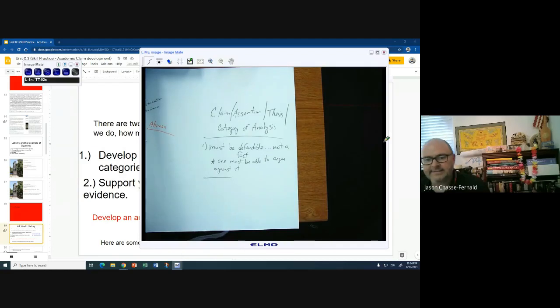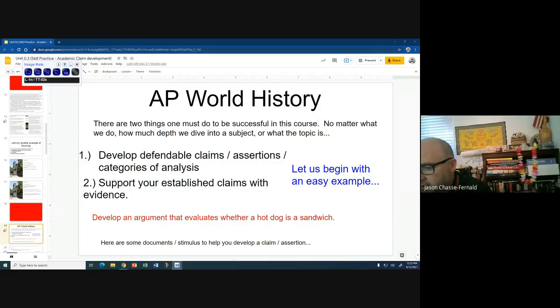I can't just come out and say that this bottle is blue. That's not something you can argue against. You have to make a historically defendable assertion or statement that has to be supported with evidence that one could argue against.